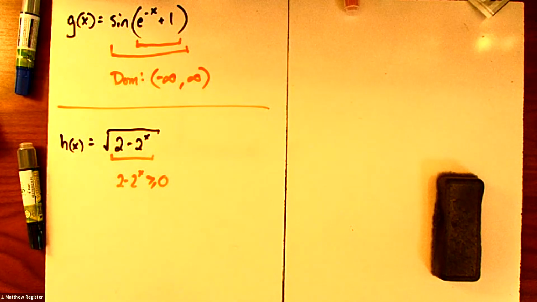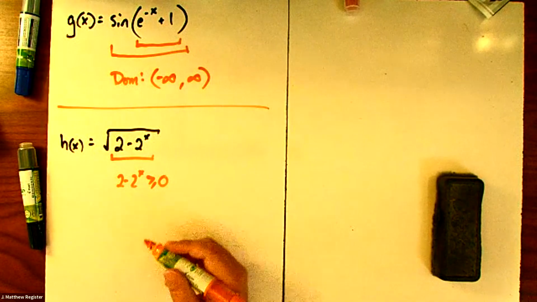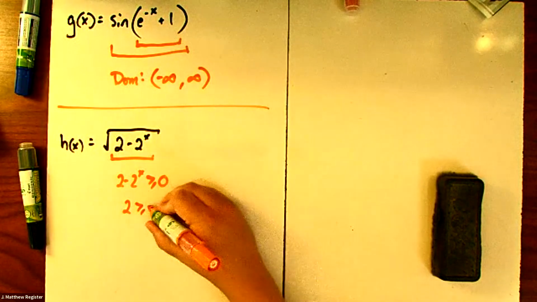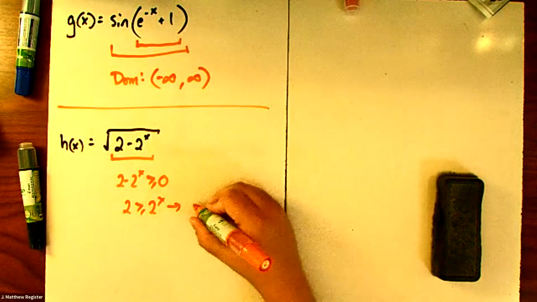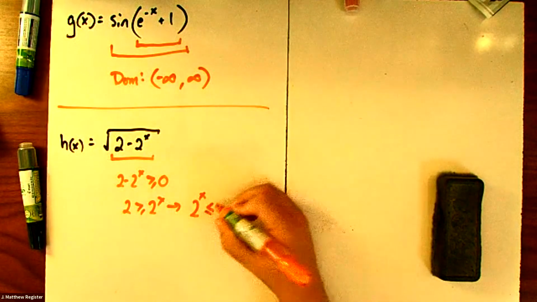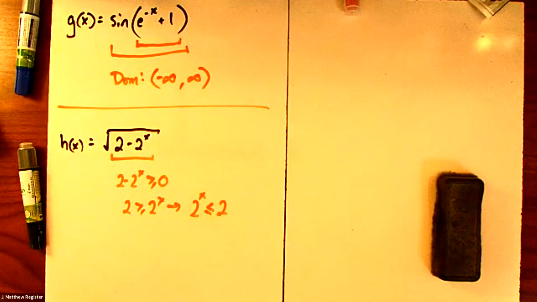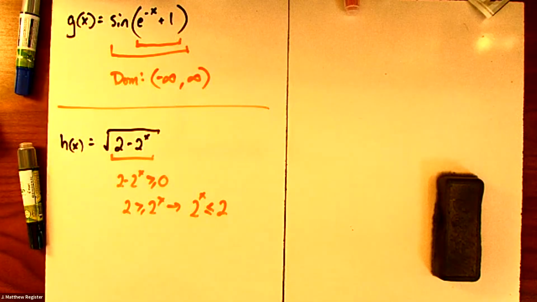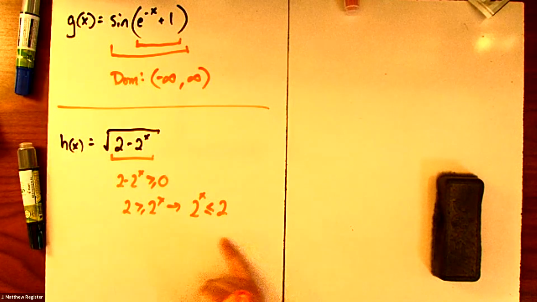And now we have a problem we can solve. Looking at this, we could say that 2 has to be greater than or equal to 2 to the x, or if you prefer, 2 to the x has to be less than or equal to 2. And 2 to the x is equal to 2 when x is equal to 1.